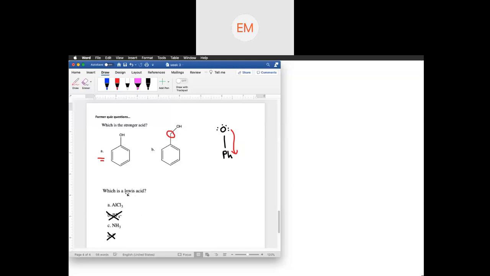So people are saying A, people are saying C. What to think about is, again, the key here is Lewis. All right. And so with Lewis, you're accepting electrons. And so this nitrogen already has a full octet.